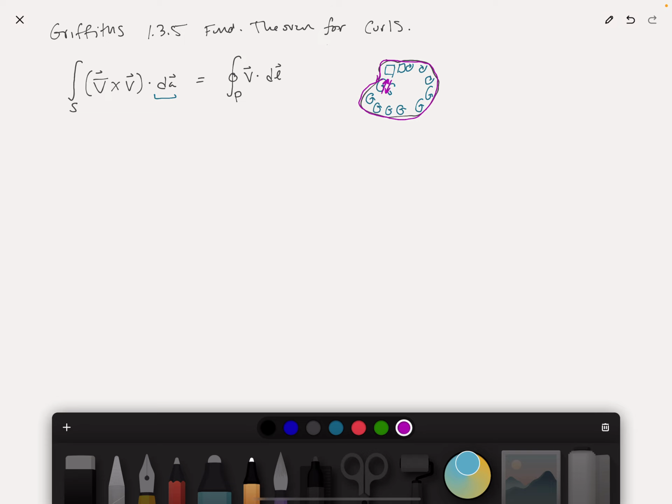So you add up all of your components of your curls, and that is just your vector field evaluated along this path. This is called Stokes' theorem. We're going to use this quite a bit as well.